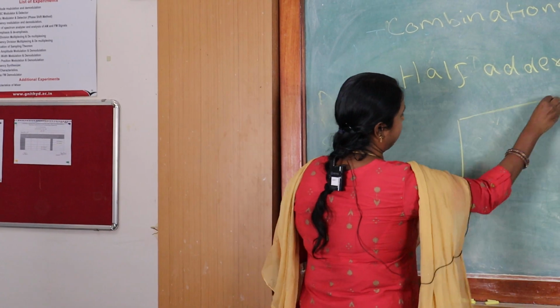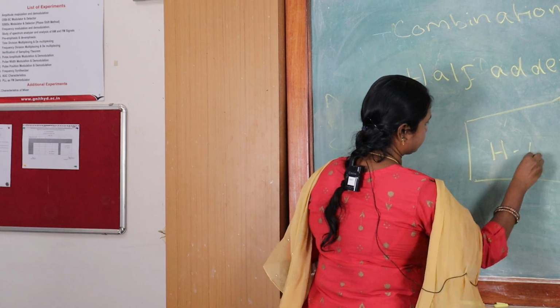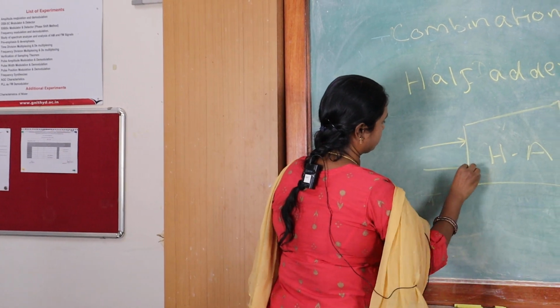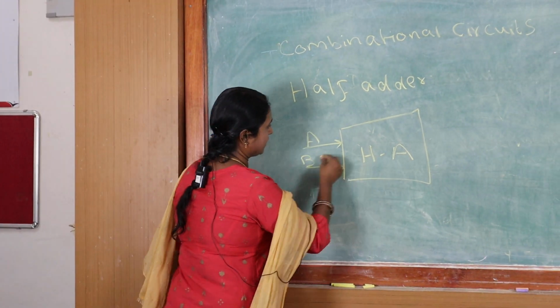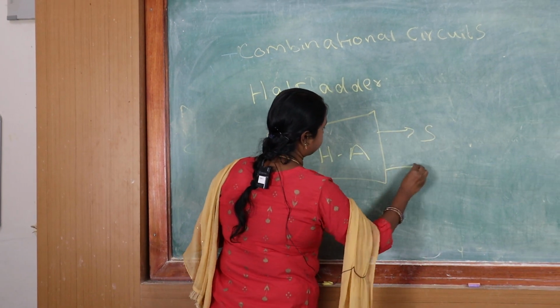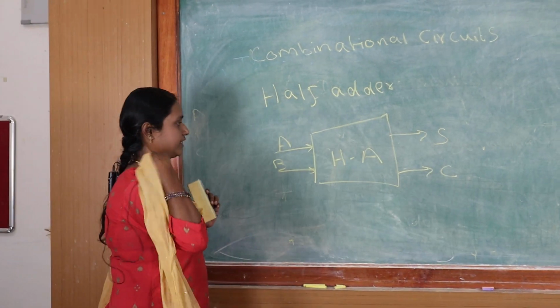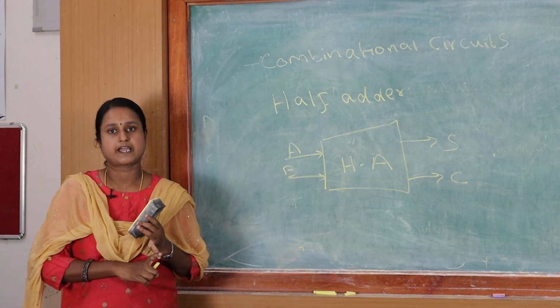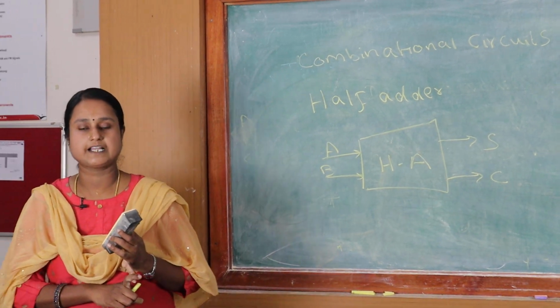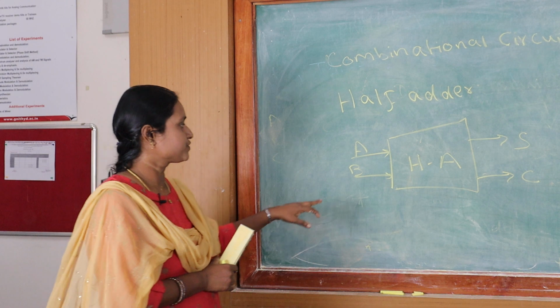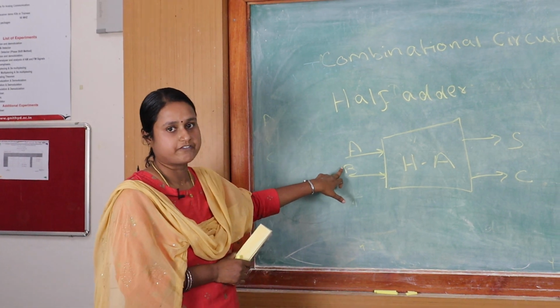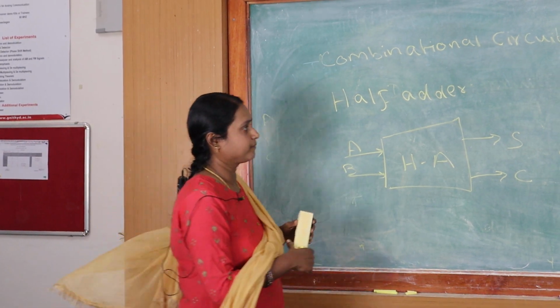So here we have the block diagram. We need 2 inputs and the outputs will be sum and carry. These are our first 3 steps. I have defined the problem statement, and I have assigned the inputs we need. After that we have to go for the truth table.